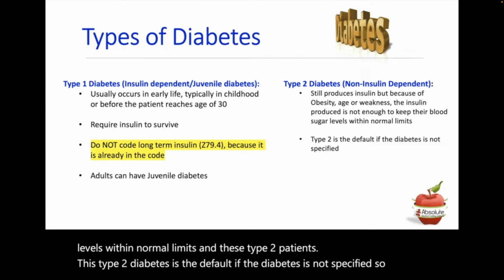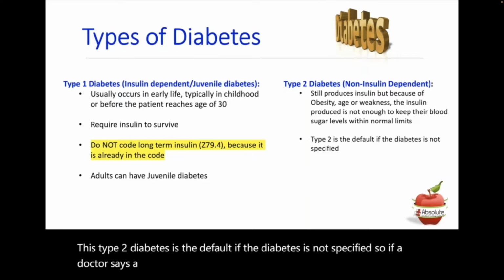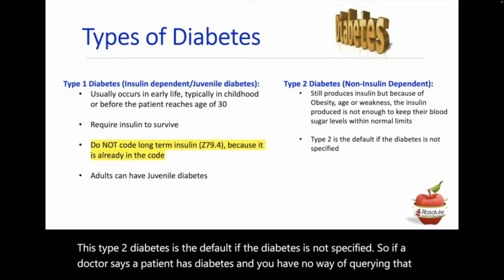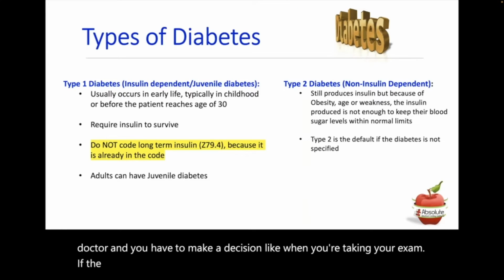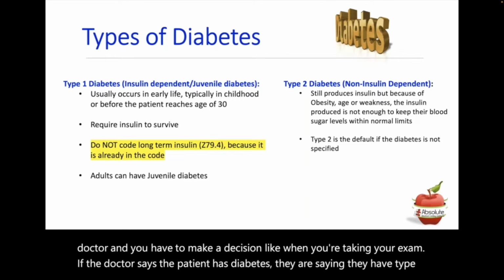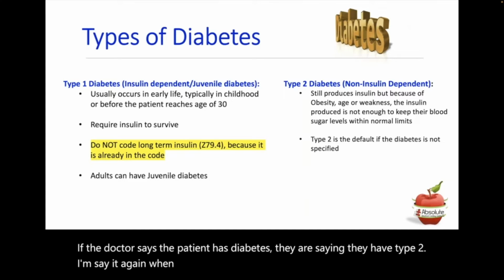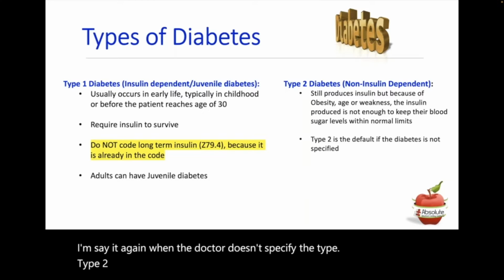So if a doctor says a patient has diabetes and you have no way of querying that doctor and you have to make a decision, like when you're taking your exam, they are saying they have type 2. I'm going to say it again. When the doctor doesn't specify, type 2 is the default.